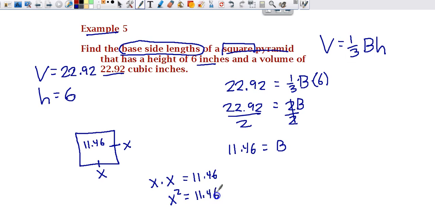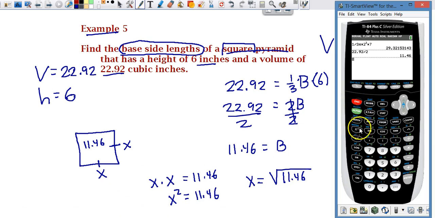So square root that and you'll get one side of the square. So that's going to give you about 3 point something. About 3.385.